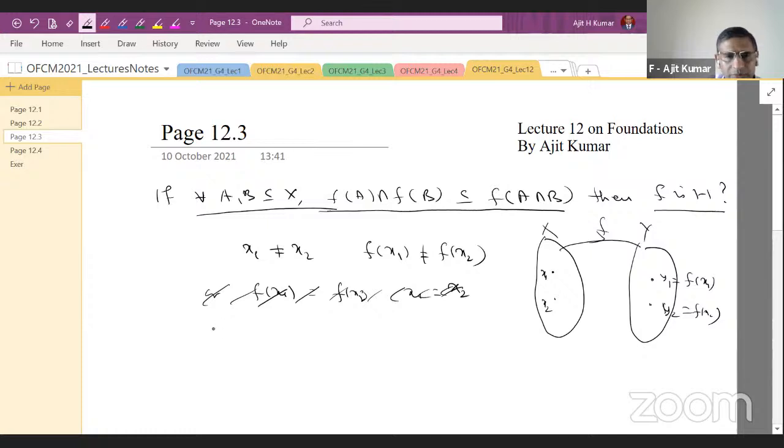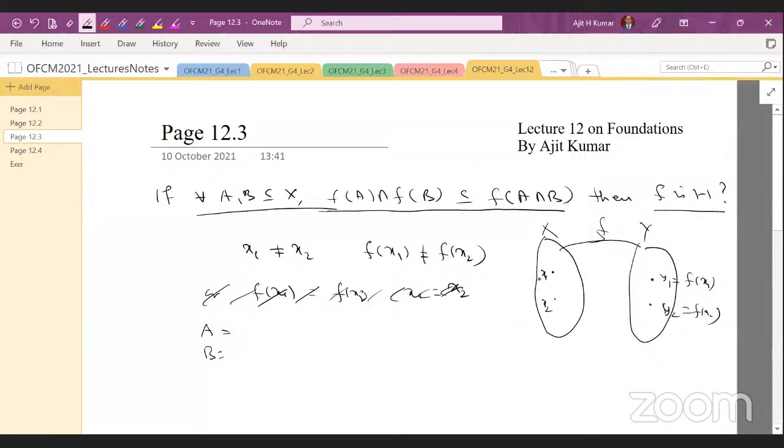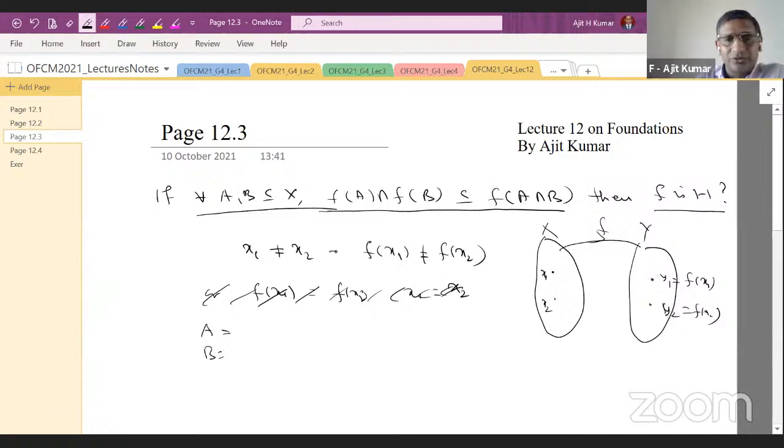How will you define your A and B? You are given two elements, x1 and x2, and they are distinct. And we want to check whether this happens. What should be your A and B? Very natural to construct.